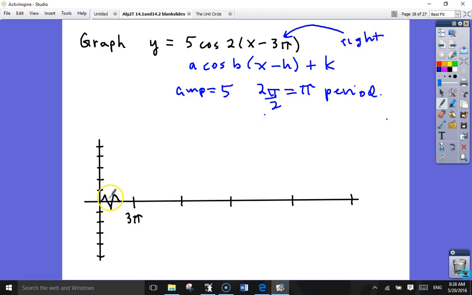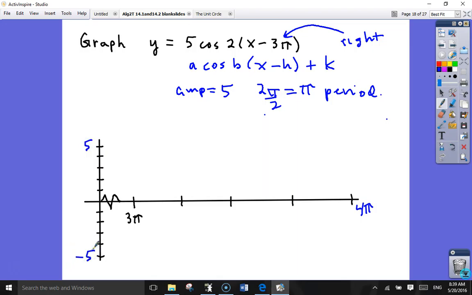So I'm drawing a little disconnected x-axis, so I can just start this thing at 3 pi. The period is only pi, so it's going to go through all of this by the time it gets back to 4 pi. Its amplitude is 5, so I can label 1, 2, 3, 4, 5, down -5.